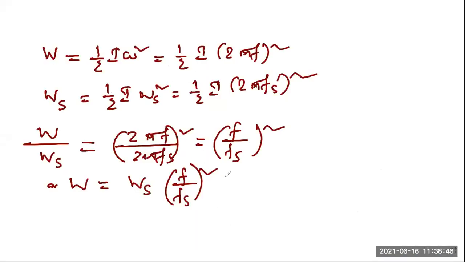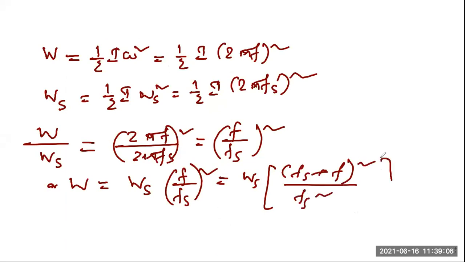So this is equal to your Ws, and this is 1 plus delta f divided by Fs, whole square.